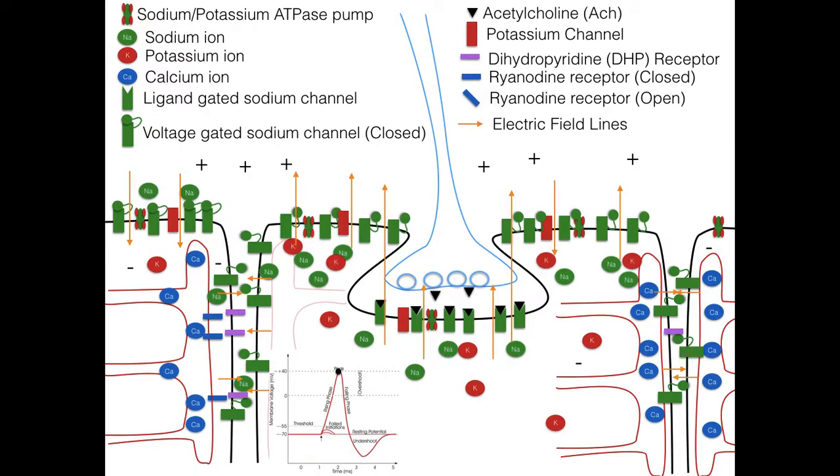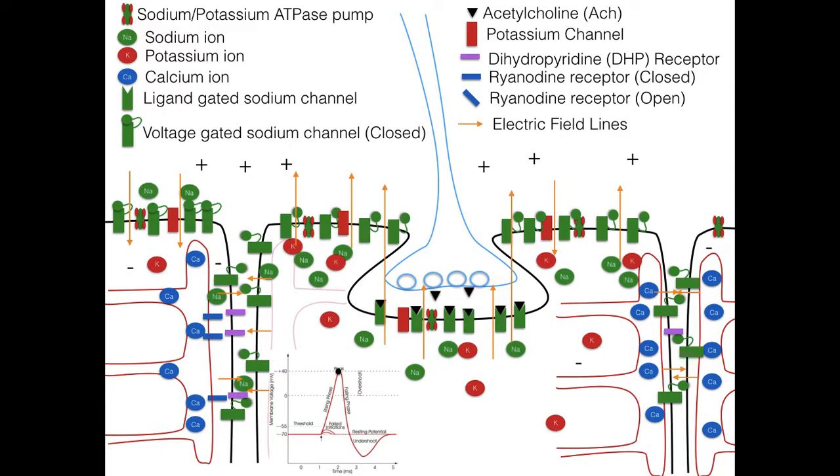Now we've let so much sodium in that the inside of the cell has become positive, and the outside of the cell has become negative. This is what's called the overshoot. Now there's a few important things that are going to happen here. Let's take a look at them one at a time.